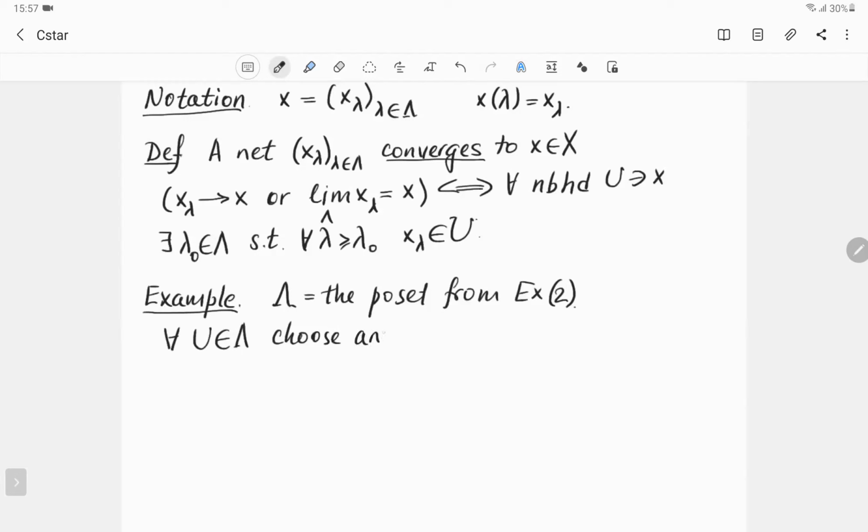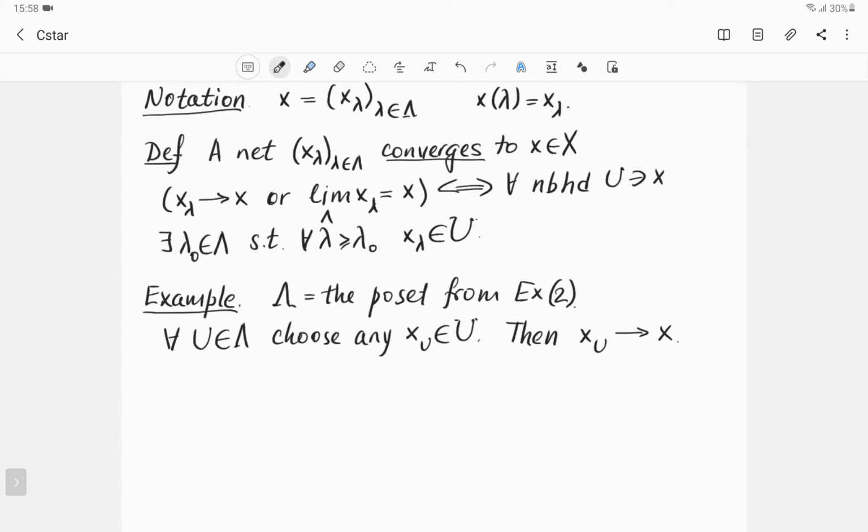Choose any point x u in this neighborhood. Then it's easy to see that the net xu converges to x. This is immediate from the definition. So if we take for lambda 0 the same neighborhood u, then of course for all smaller neighborhoods, the respective points are in the same neighborhood u. So the net converges to x.